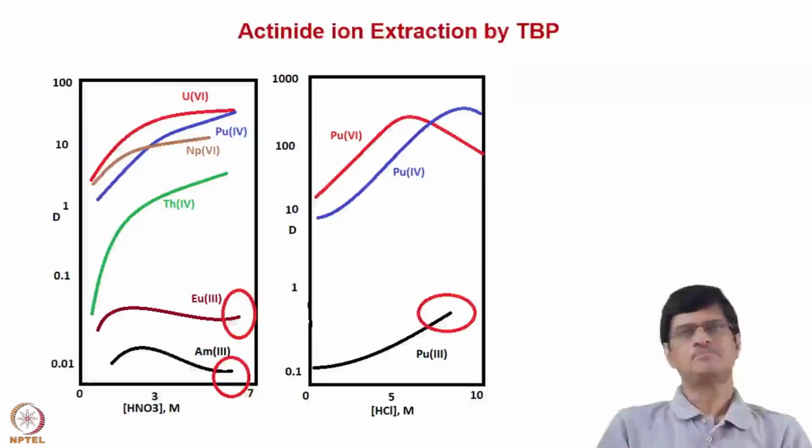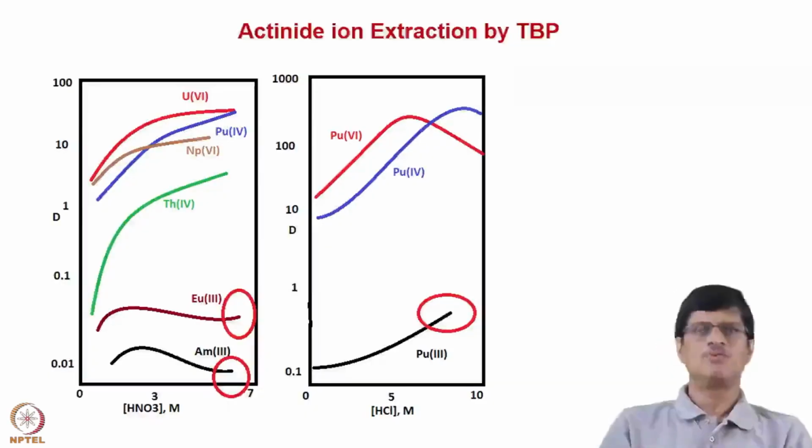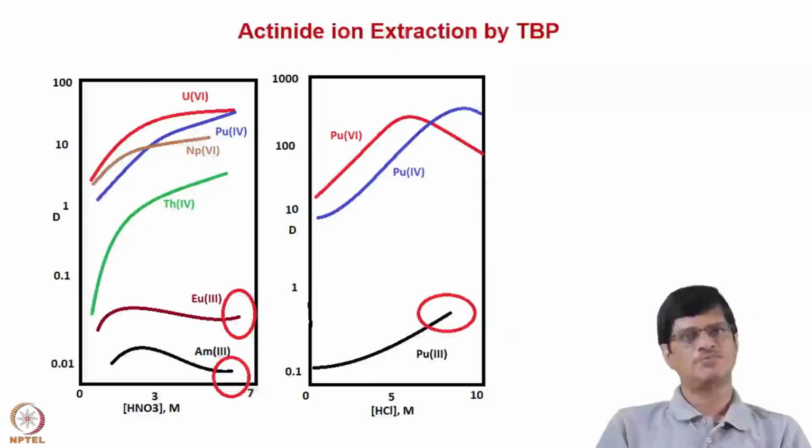So the hydrophobic part is the same, but the hydrophilic part is much larger for plutonium-4, that is the nitrate ions. That is how the extraction of plutonium-4 is lower than that of uranium-6.